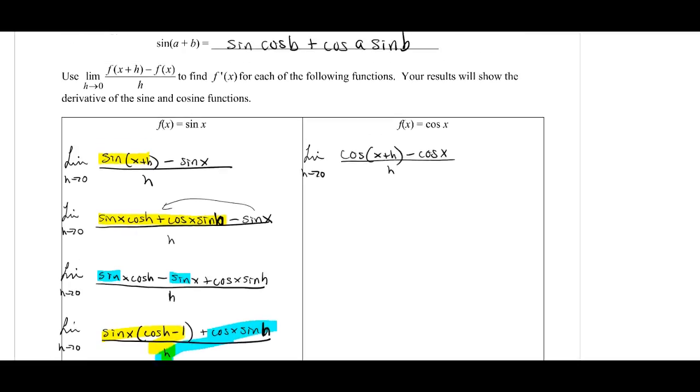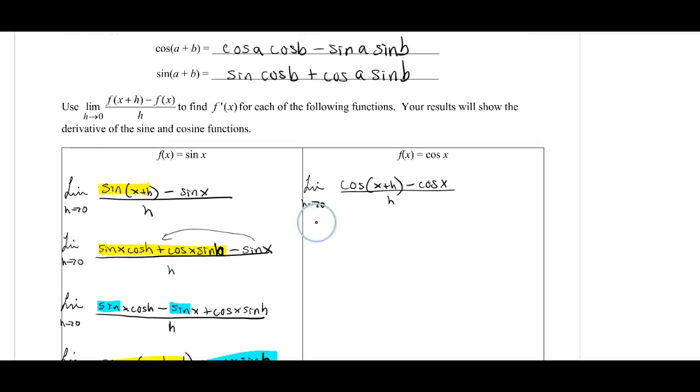Let's see something similar for the derivative of cosine. I start with the limit as h approaches 0 of cosine, my function, x plus h minus the original function, all over h. We're going to use our cosine rule here. Limit as h approaches 0 of cosine x cosine h minus sine x sine h.